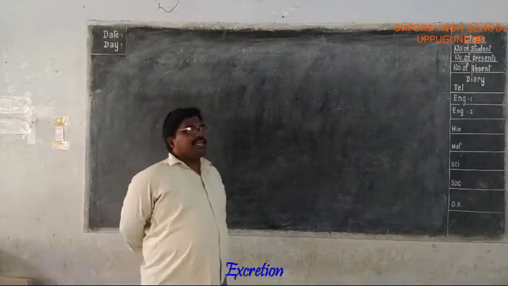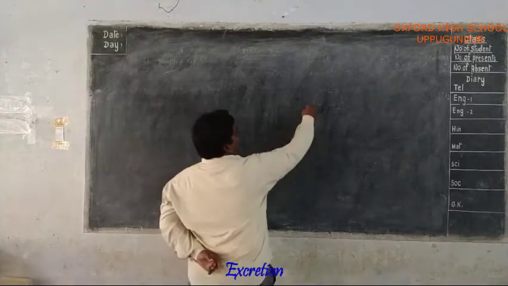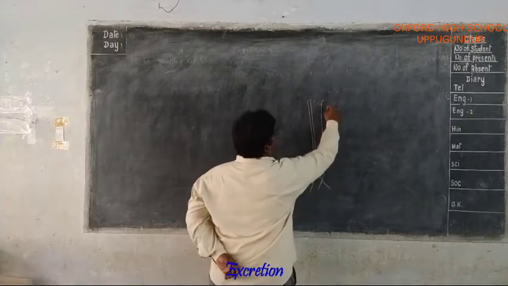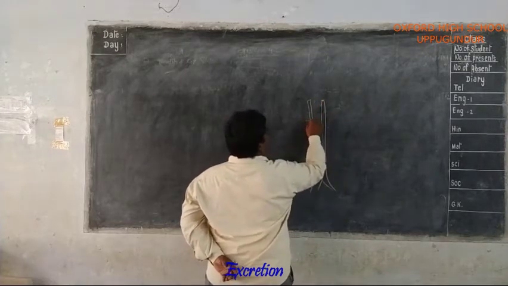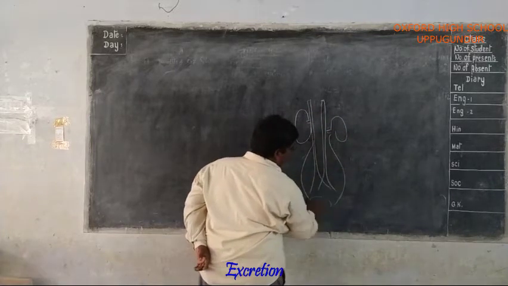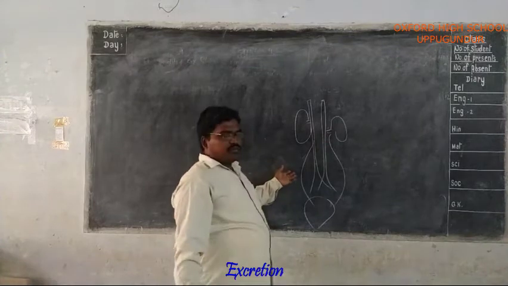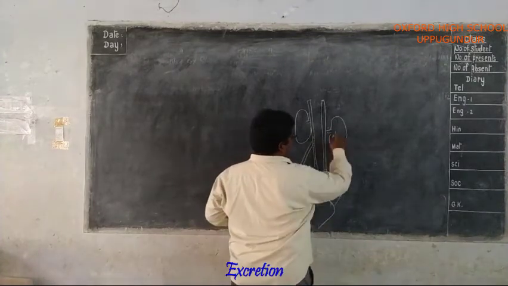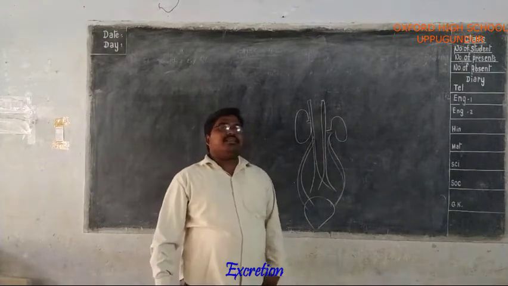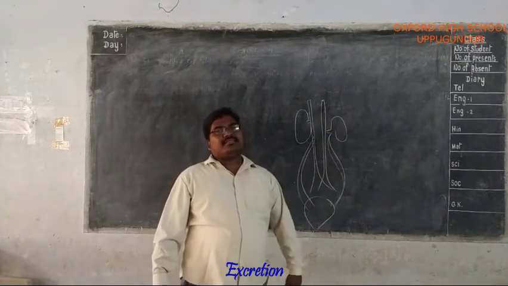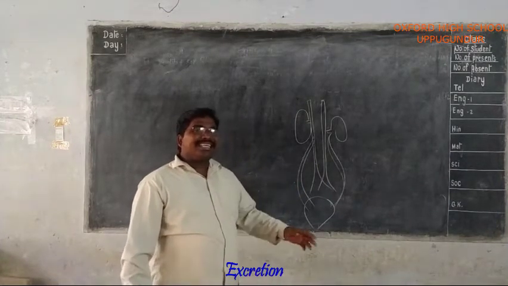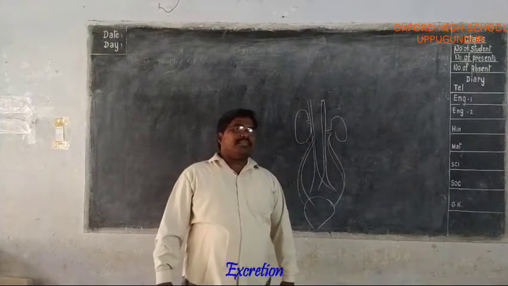We have completely discussed the excretory system: the kidneys, ureters, urinary bladder, the parts present inside, their structure and function. After that, we discussed dialysis. Now, I am going to explain other excretory organs in different organisms.